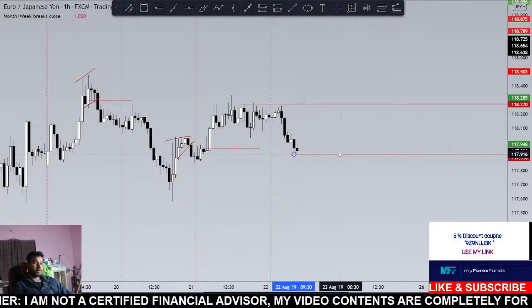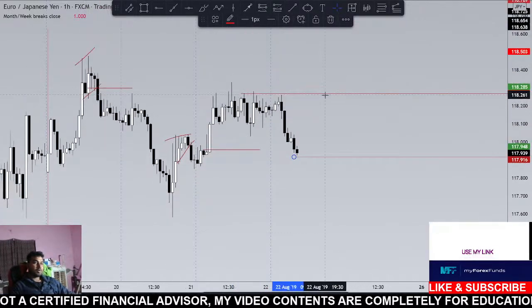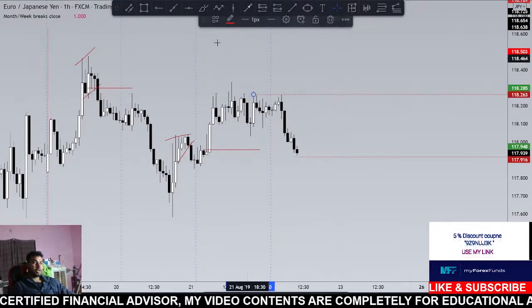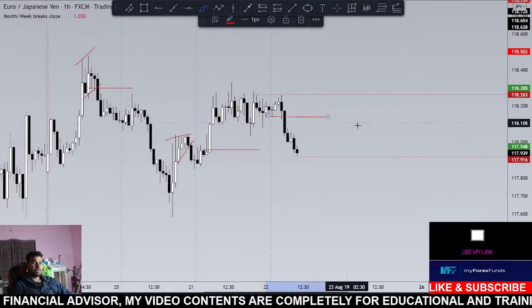It breaks the low and shows the continuation of the move. If I get an entry, I would like to take it because I can see some continuation of the move at this area.